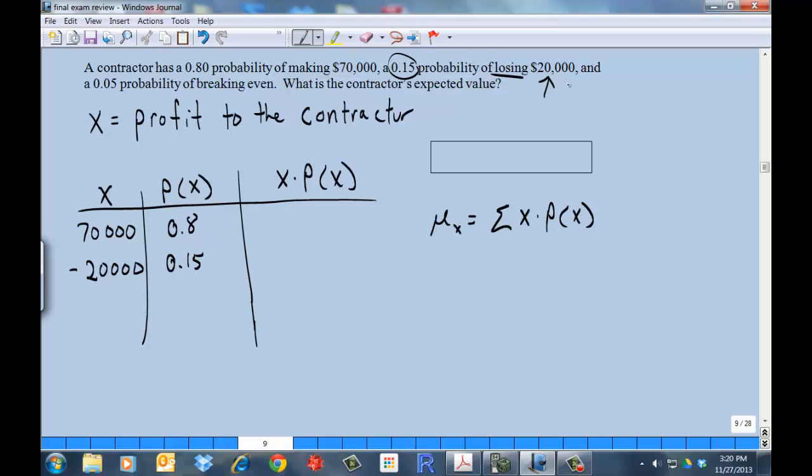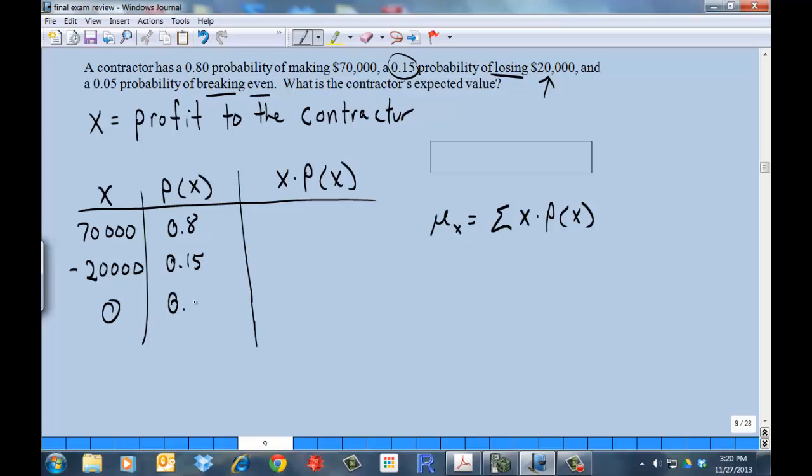Okay, and then lastly, a 0.05 probability of breaking even. Well, if he breaks even, think about that, he's not going to make anything and he's not going to lose anything. He's going to exactly break even, which points us to the net profit being 0. And what is the probability of this happening?